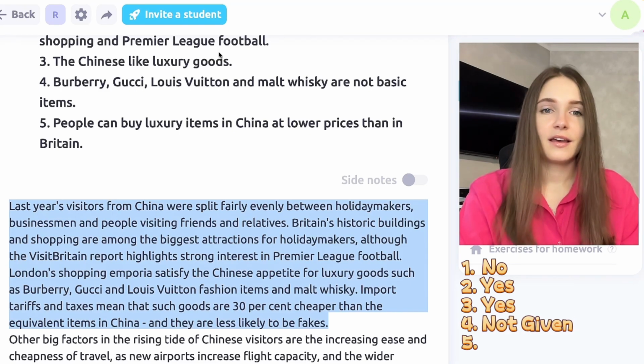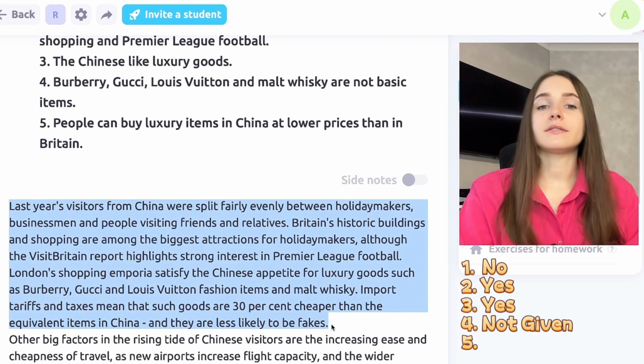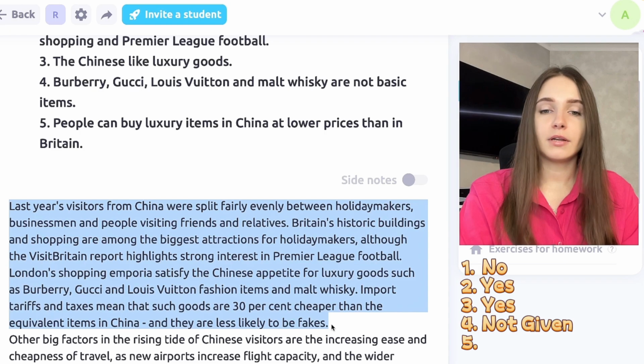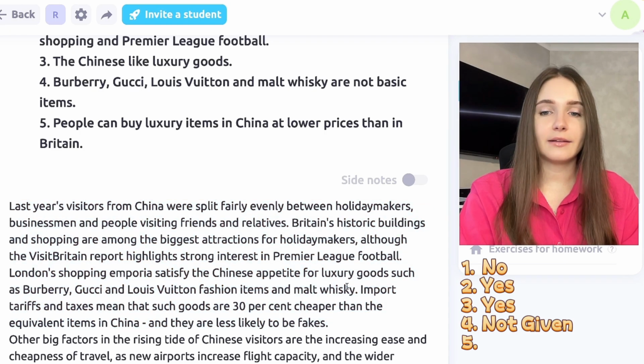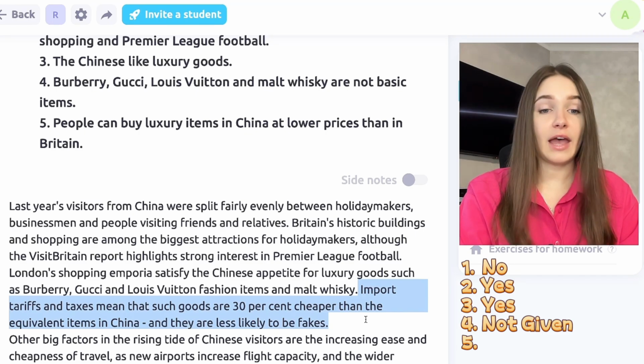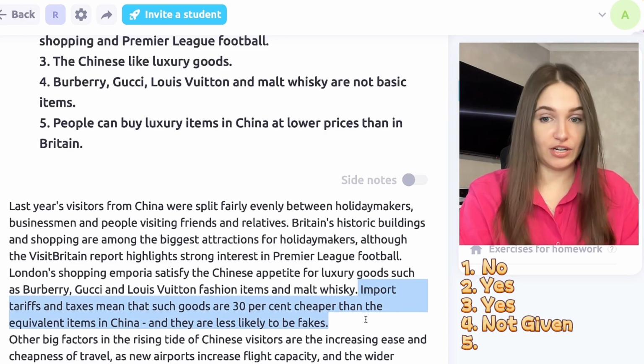And the last: people can buy luxury items in China at lower prices than in Britain. We actually read it already. So we have in the task that prices in China are lower, but if we take a look at this sentence once again, we will see that such goods are 30% cheaper than the equivalent items in China. So we see that these luxury goods are 30% cheaper in Great Britain.